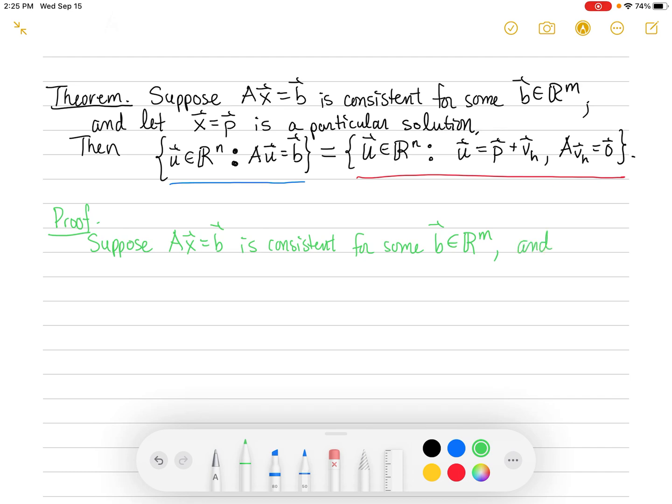And so we know there's a solution because it's consistent. And we're going to let X equal P be a particular solution.